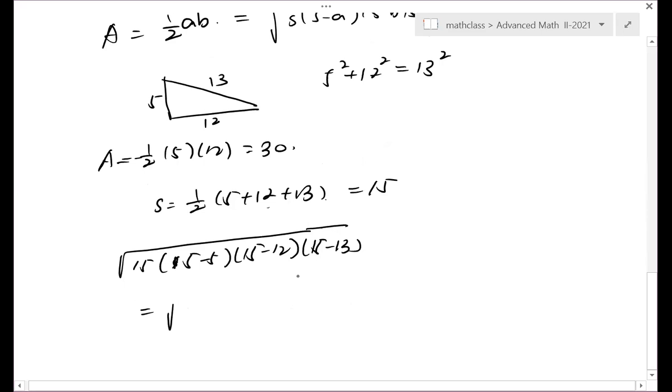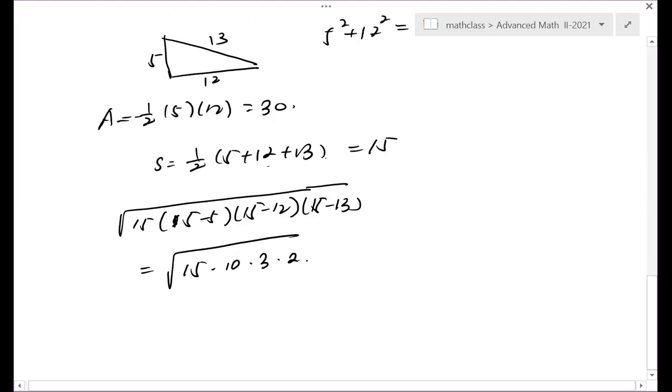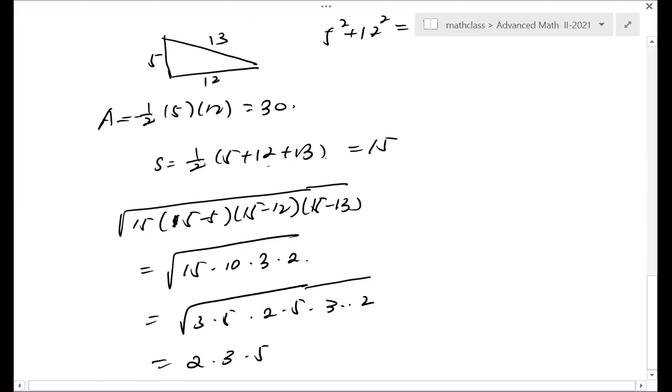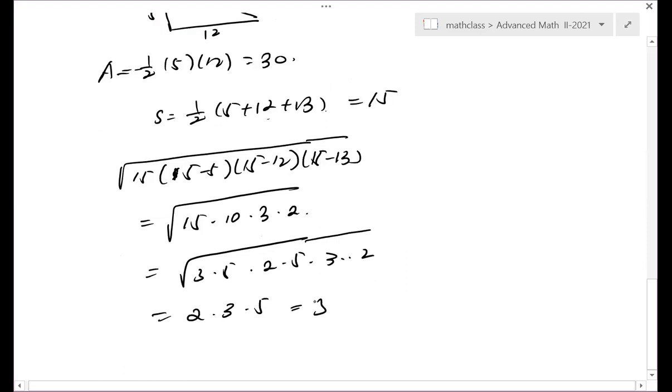So 15, 10, 3, 2. 15 is 3 times 5, 10 is 2 times 5, then 3 and 2. There is one 2 squared, a 3 squared, and a 5 squared. So I got 30 again. It's just the same. Therefore, you verify the above formula. It's correct, right?